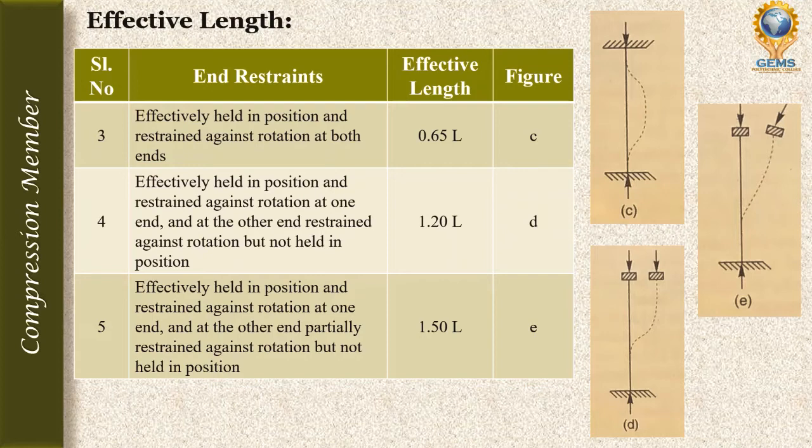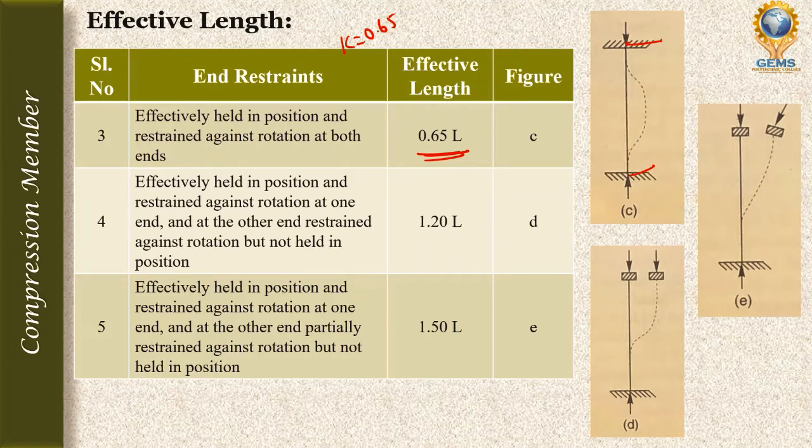So here both ends are fixed joints. So your K value is equal to 0.65, then your effective length is equal to 0.65 L.